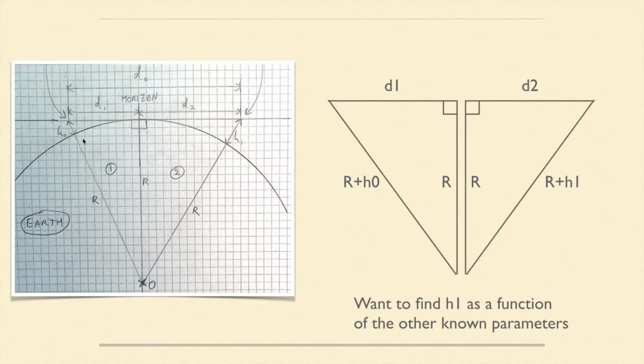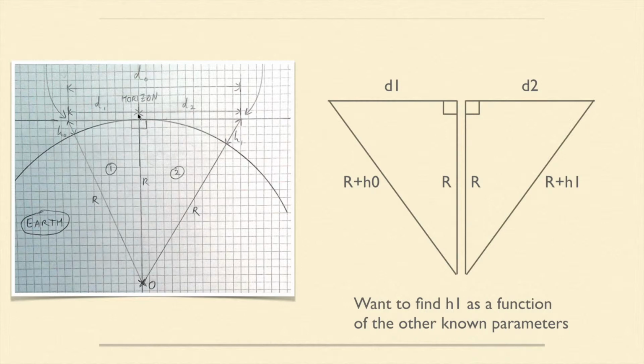This side is r plus our eye height, which is h0. And we have d1, which we don't know, which is part of the distance to our target. So here we have r, the radius of the Earth. We have r here plus our eye height, which is h0. And we see this part to the target.